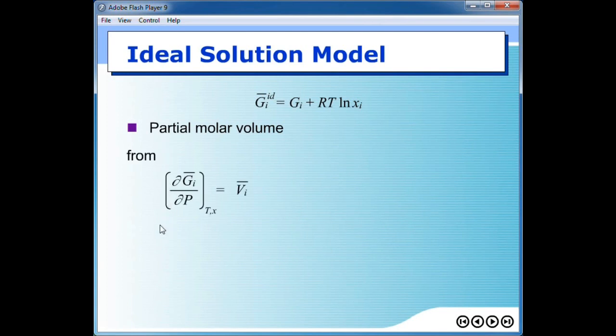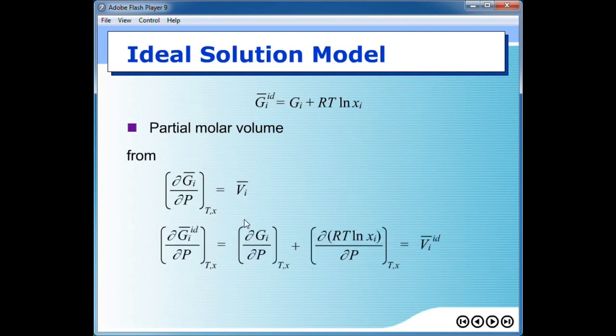And according to the fundamental relation, the partial derivative of Gibbs free energy with respect to pressure at constant temperature is volume. If you apply this equation for partial molar properties, you put a bar here and there. Now, apply this equation to this part of the equation by differentiating the whole equation with respect to pressure.